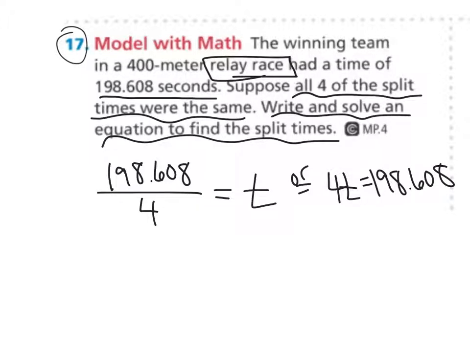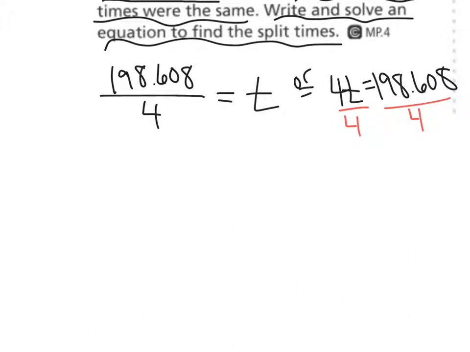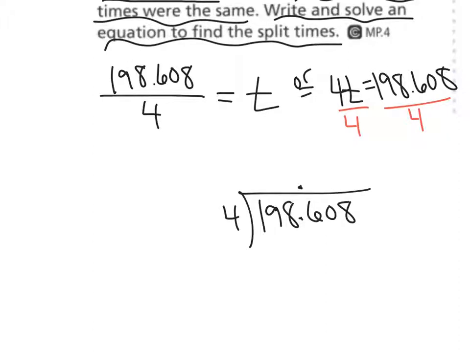If that was the equation, we could say they're multiplying, so we could divide by 4, and notice we'll be doing the same thing. Okay, so this is what we need to do. We need to divide this out. When you go to divide this, make sure you bring your decimal point up. So 4 doesn't go into 1, 4 goes into 19 4 times, which is 16.